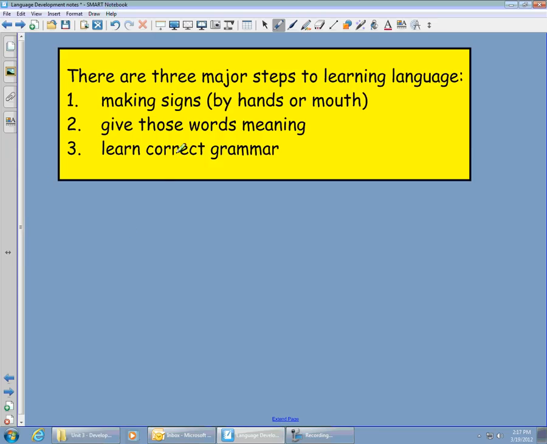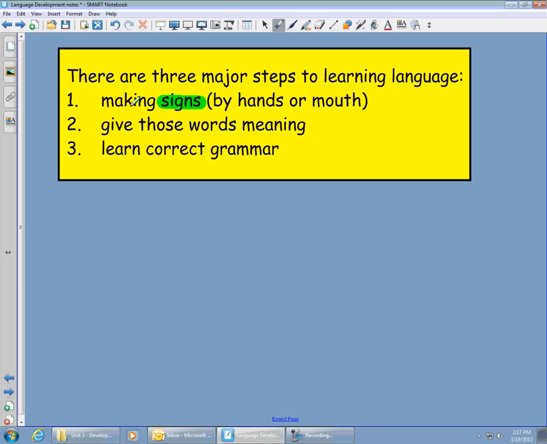So first thing we need to understand is the three steps to learning a language, and this is any kind of language. First thing we do is to make signs, and in this sense, the signs could be signs that you use your hands to make, but they also could be audible signs or sounds that we use with our mouths.